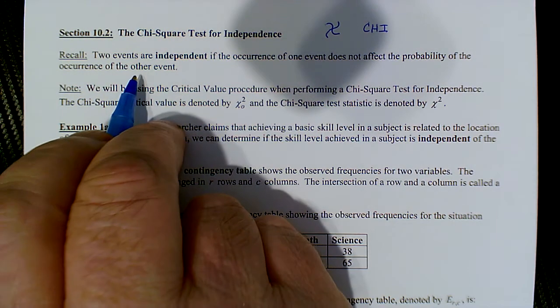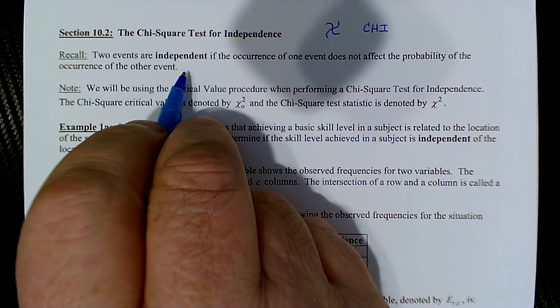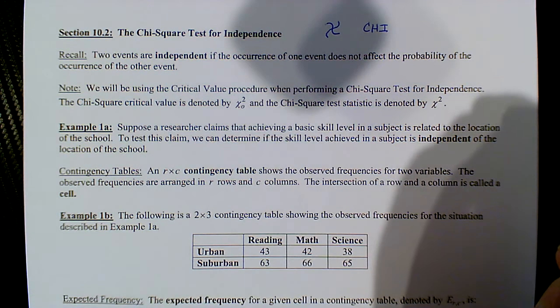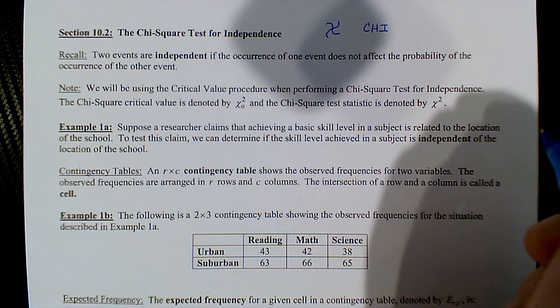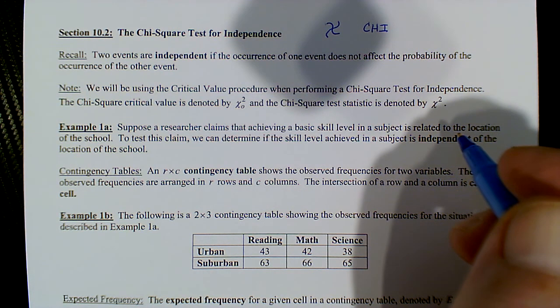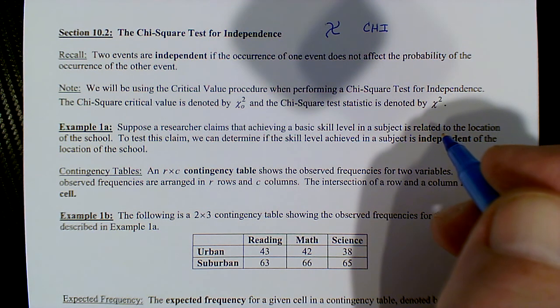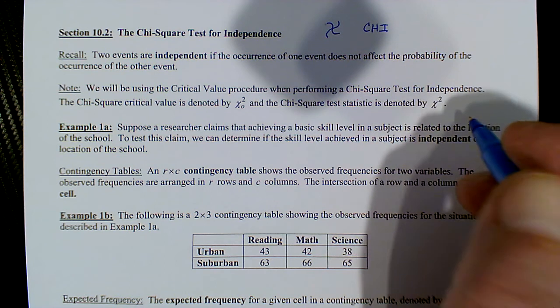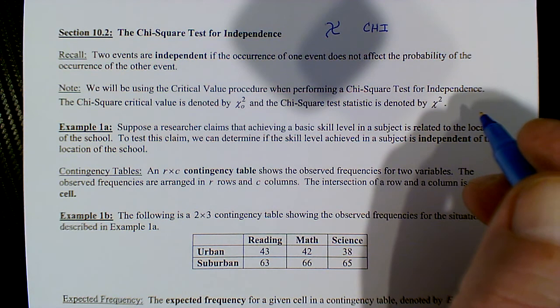And recall that we say that two events are independent if the occurrence of one does not affect the probability of the occurrence of the other. And we're going to be looking at the critical value method for performing what is referred to as a chi-square test for independence.